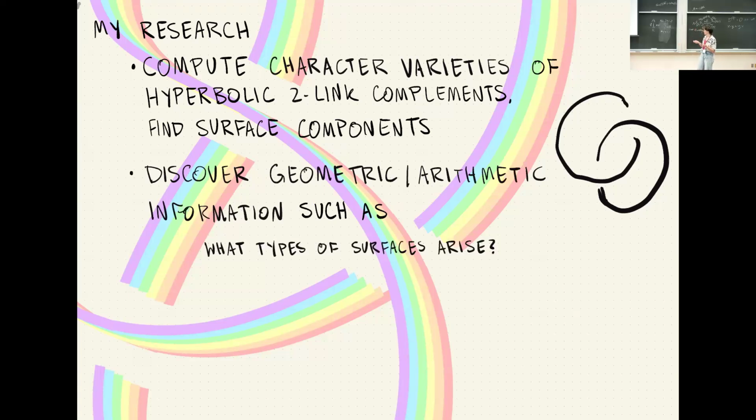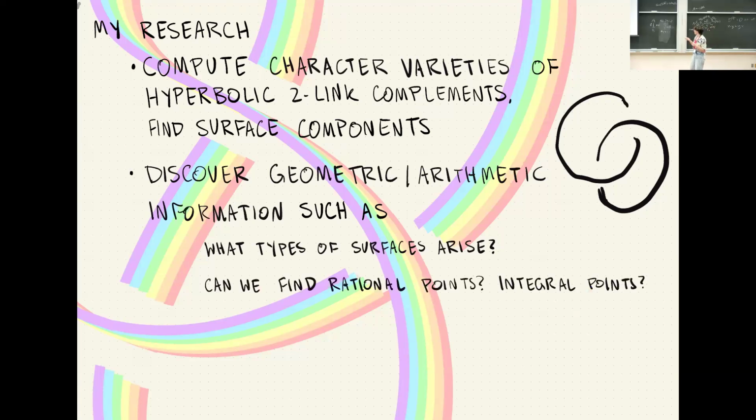Some questions I could ask are: what types of surfaces can even arise as components of these character varieties? Like in the Kodaira-Enriques classification, can I get any one of those surfaces? That's unknown. If I have a specific surface, can I find rational points on it? And can I find integral points on it?